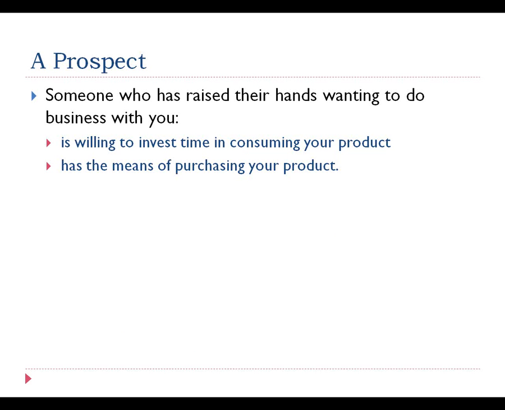You might find that in your target market, there are people who are ready to consume your information or your services or whatever you're providing, but they might not have the means of purchasing your product. However, when you're developing your services, it is wise to develop things at different price levels so that people at a lower end who are still interested in doing business with you can also take advantage of your products and services.